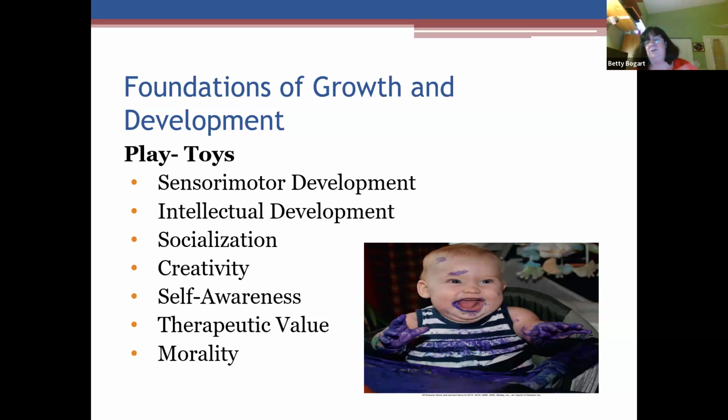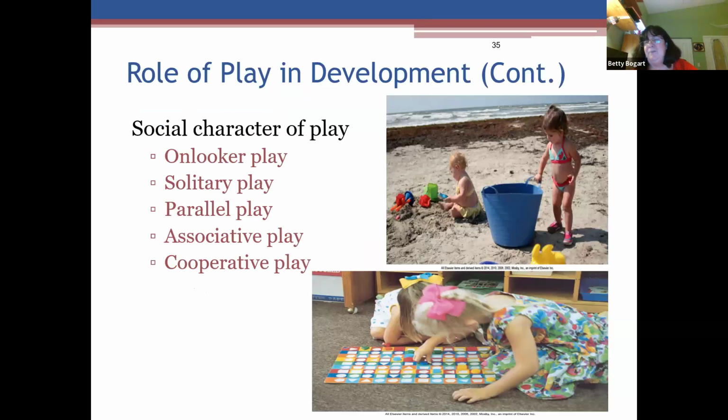We know children get together and they play, it's social, and as they get older in play, it's that morality and the sharing of toys. And we're going to go into the types of play and show how we get to being able to share.